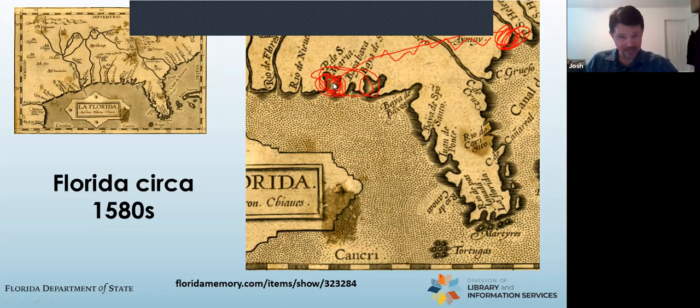And so de Luna ends up making the somewhat risky decision of trying to move inland to either find some food supplies belonging to the Native Americans that they could commandeer, or try and find some other more favorable place to establish a settlement that could produce food. That ends up being a kind of a big problem.